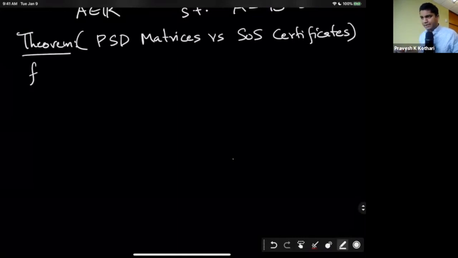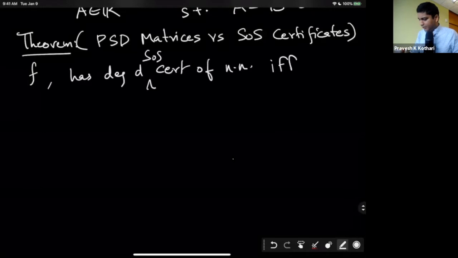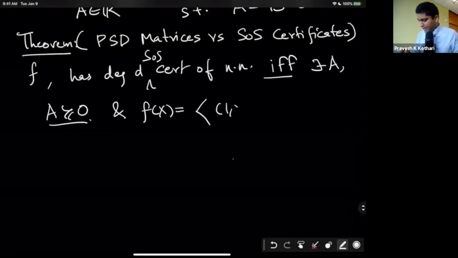So remember, f is always going to be a Boolean function. f has a degree d SOS certificate of non-negativity if and only if there exists a matrix A such that A is positive semi-definite and f(x) equals (1, x), the n+1 dimensional vector made by appending 1 to x, taken to the d over 2 tensor power of this vector.